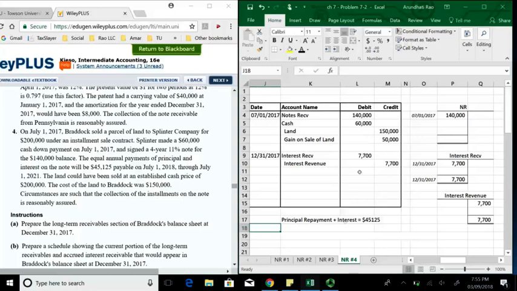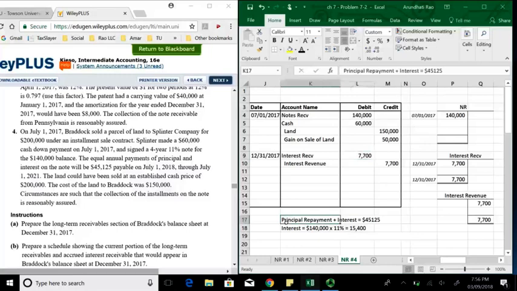So the interest calculation which I did over here for 6 months, on the due date you will get the interest for 12 months. Okay, so let's see what that number is going to play out to. Interest will be 140 times 11% for the full year. So I don't need to do any partial calculation. It's basically this 7,700 times 2. This was for 6 months, so this will be for the full year.